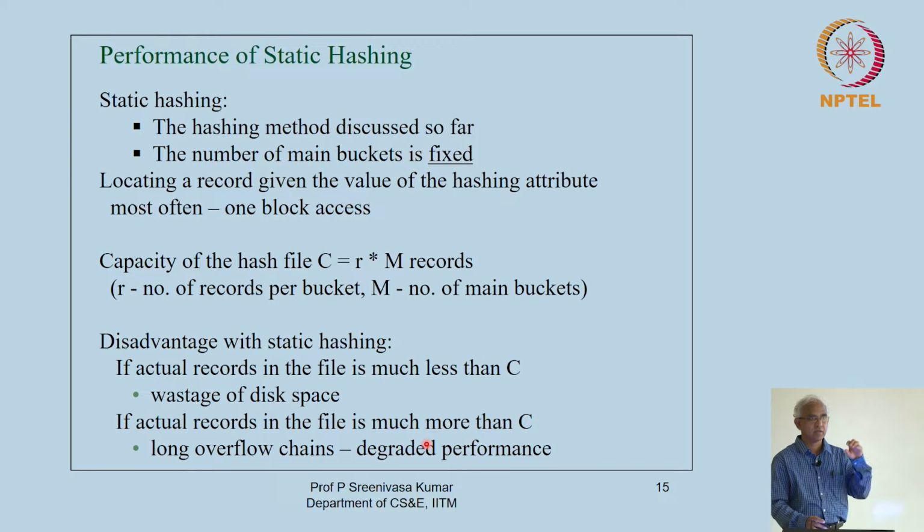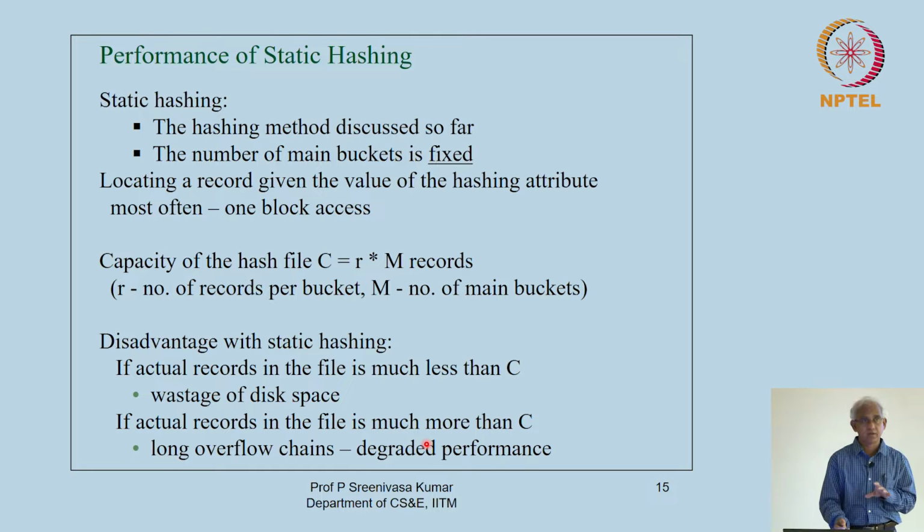The main data file buckets will overflow, so overflow buckets have to be used, overflow chains will be long, and data access will suffer. Data access will become costly. So these are the issues with hash files, and similar issues are also there with sorted files.